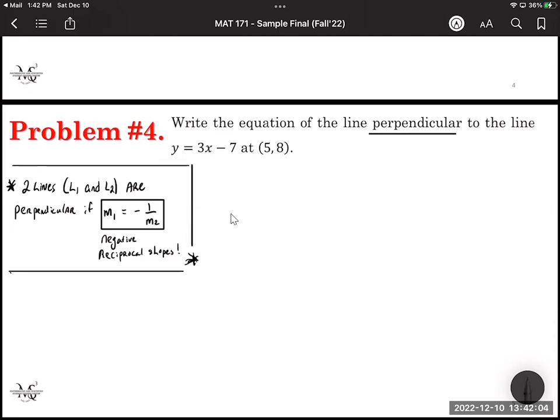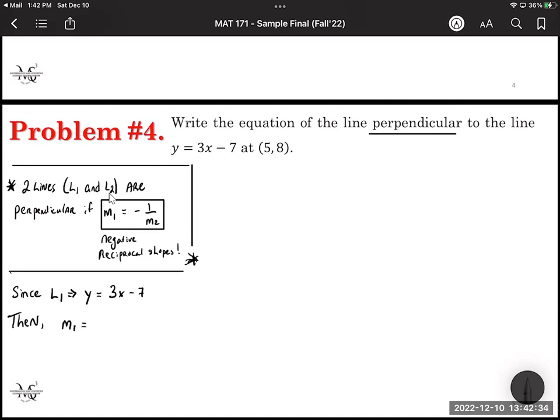All right, so now we go ahead and tackle this problem. I said two lines, L1 and L2. Basically, you're given one of the lines, that's usually L1, and you have to find L2. Since L1 is the first line, the given line, y equals 3x minus 7, you should be able to identify its slope, right?